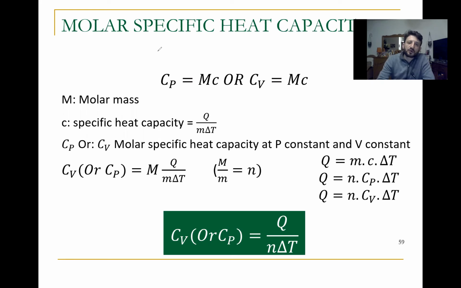We talked about the heat capacity, C equals Q divided by delta T. We talked about the specific heat, small c, equals capital C divided by m, okay?